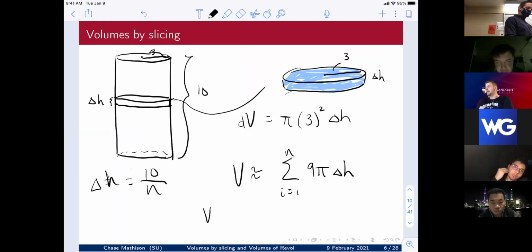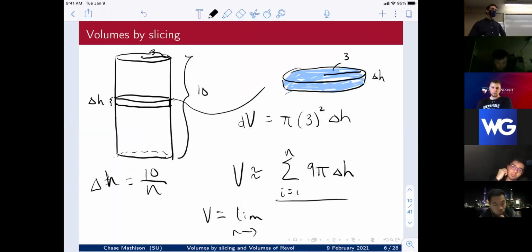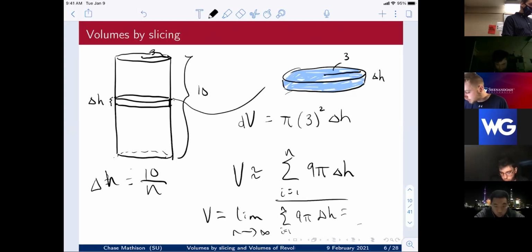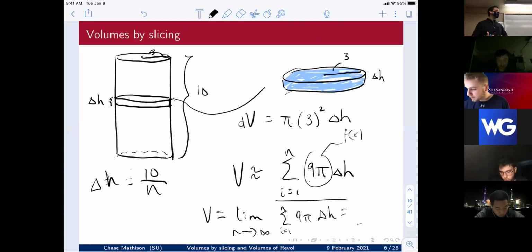But the idea is still the same. I'm going to get true equality. This is a Riemann sum. It's one of the simplest Riemann sums we've ever looked at, but it is a Riemann sum where f of x is just 9 pi. f of x is the constant function 9 pi. So I'm going to get the limit as n goes to infinity of the sum i equals 1 to n of 9 pi delta H. Well, this is, again, f of x. The interval that we're looking at is h between 0 and 10, right?